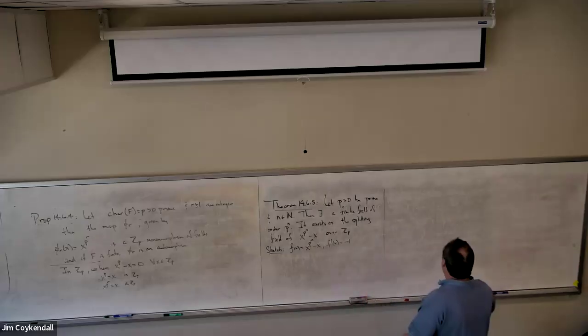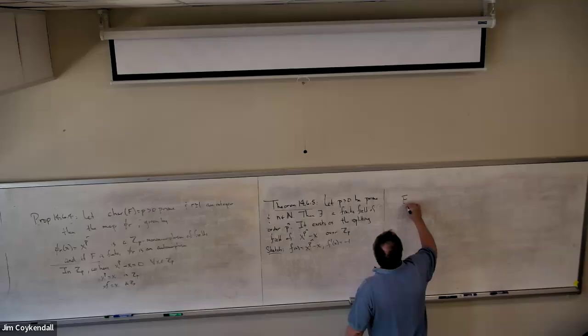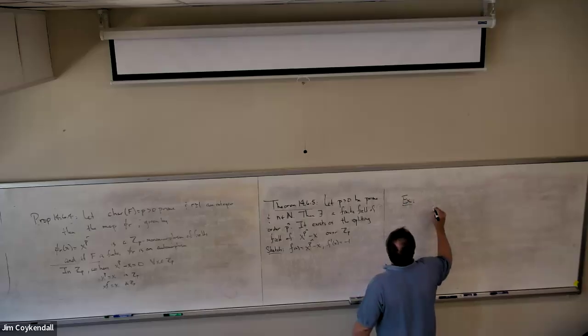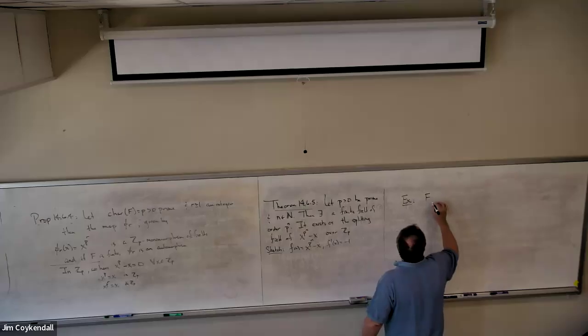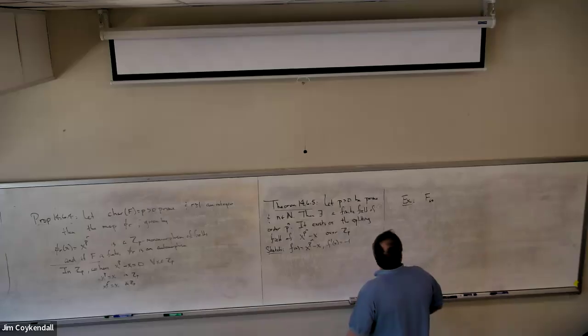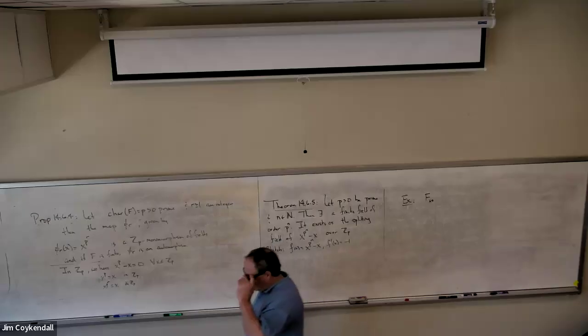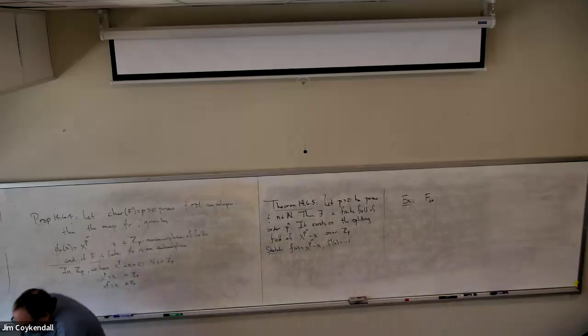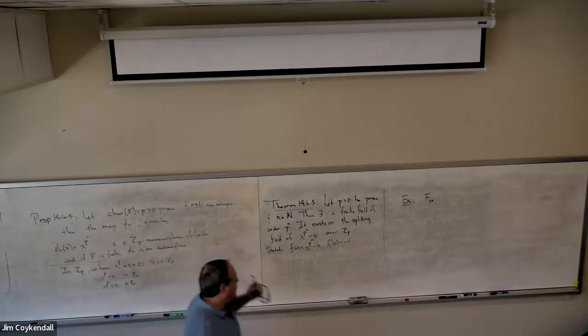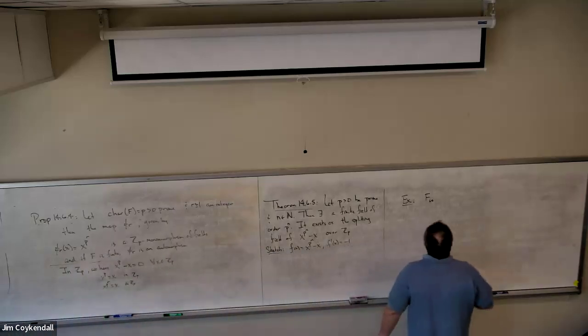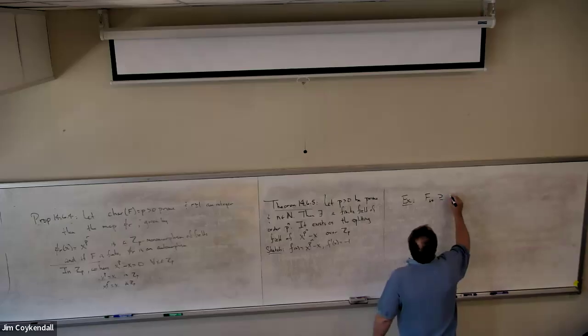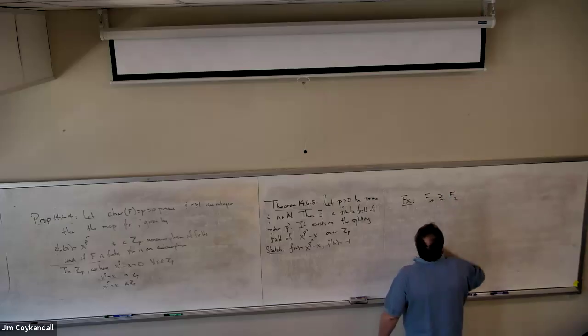Now, let me give you an example here. Kind of things we can throw around. So suppose, what kind of subfields does this have? Right. So you have to be a little bit careful here, I think, about thinking about division. Notice this, of course, contains F2, the field of two elements.